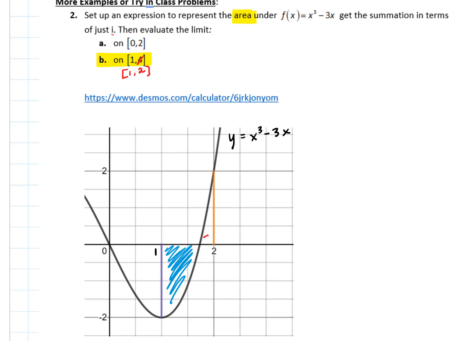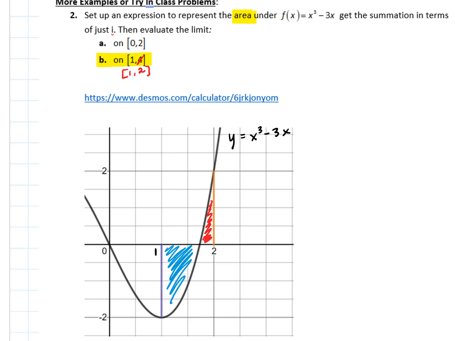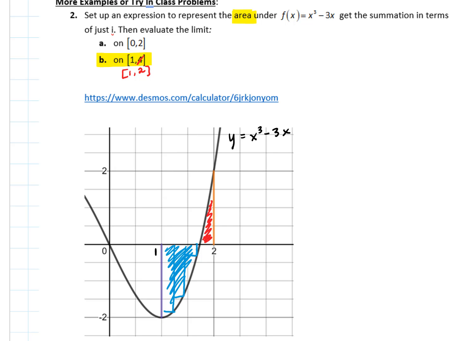The integral is giving us the net area because as we build rectangles, and that's what our limit is doing, the rectangles down here are going to have negative heights. Then the rectangles above the x-axis, from the 0 right here to 2, are going to have positive heights.